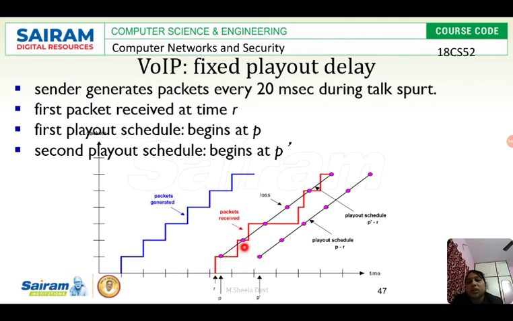Okay, so the first packet is received. When I started the playout properly, I got the second packet, third packet, but the fourth packet is lost. I got the fifth packet and it went. Now the second playout should start, so that we can call it P dash.